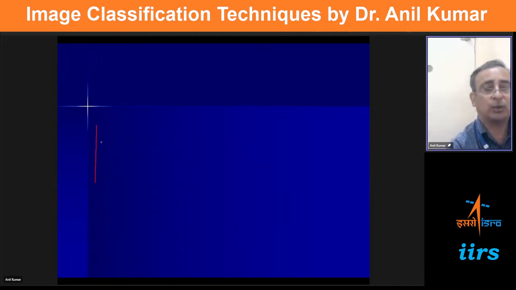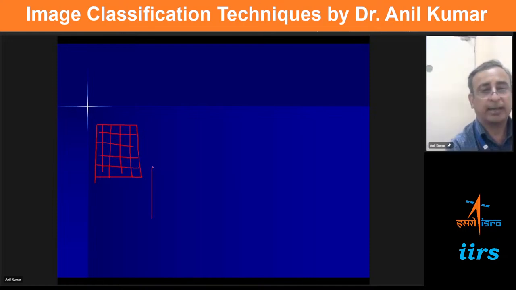If I draw just a 2-band image, you will initially have two matrices which are holding some numbers. This is matrix 1 and this is your matrix 2.